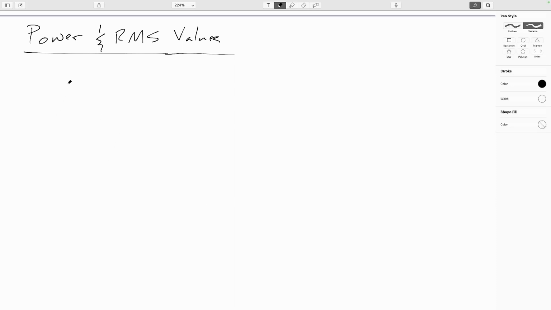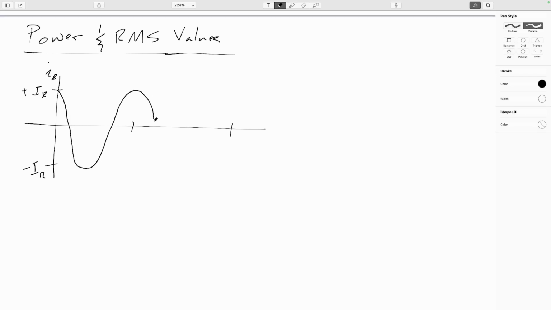So if I plot the current as a function of time through our resistive load, like we just said, we'll go between plus and minus some maximum value. And this time I'm going to try to draw two periods. One period, two periods like that.